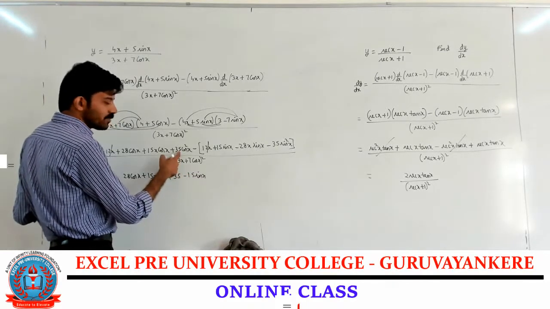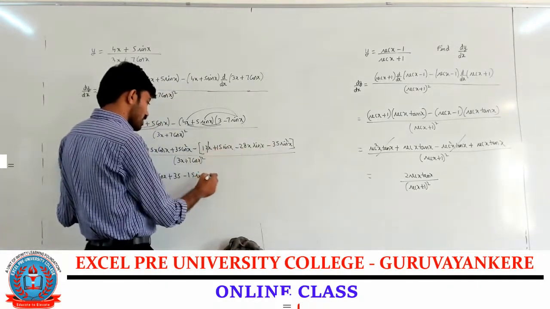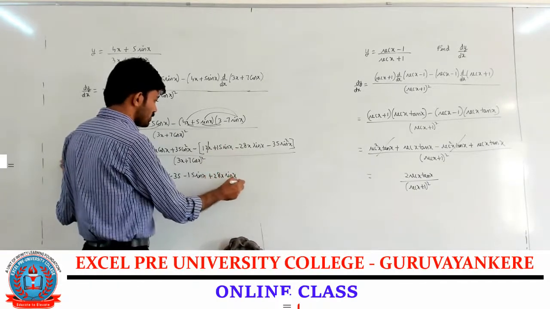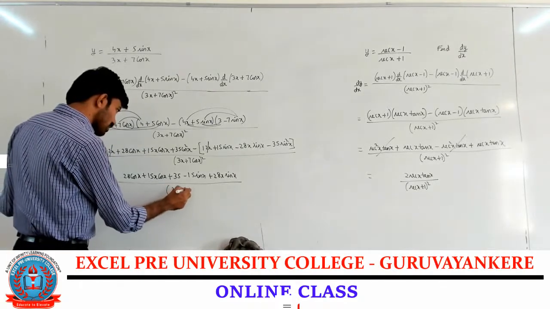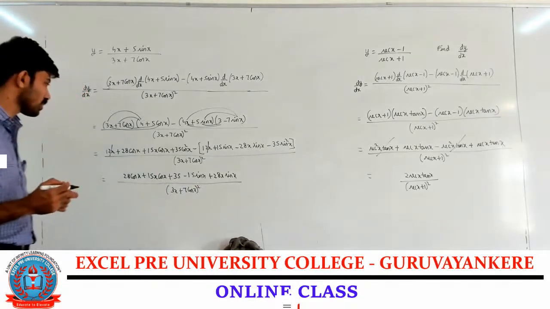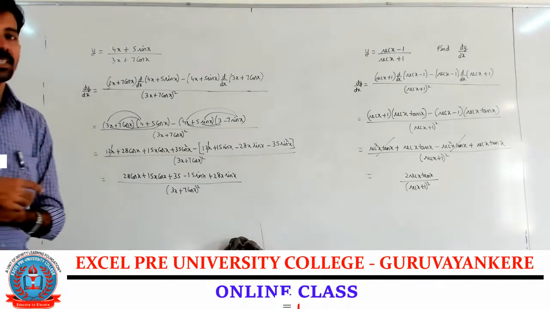So directly write 35, 35 into cos square plus sin square is 1. Minus 15 sin x plus 28x sin x, divided by 3x plus 7 cos x the whole square. Practice these kind of problems.